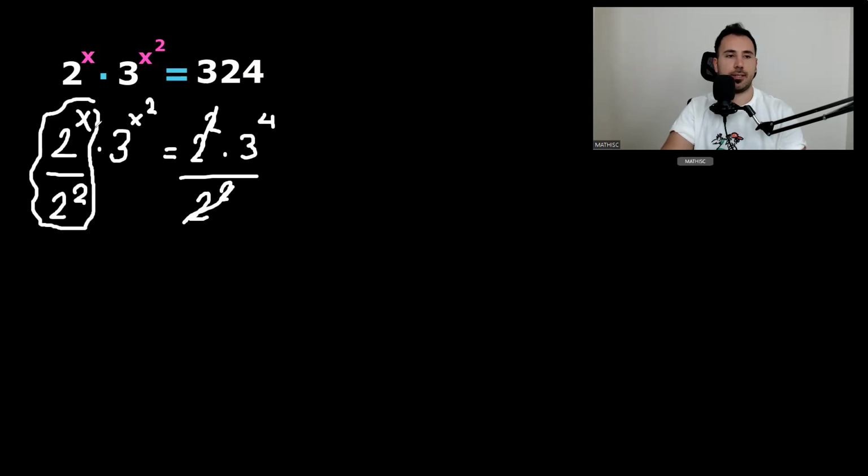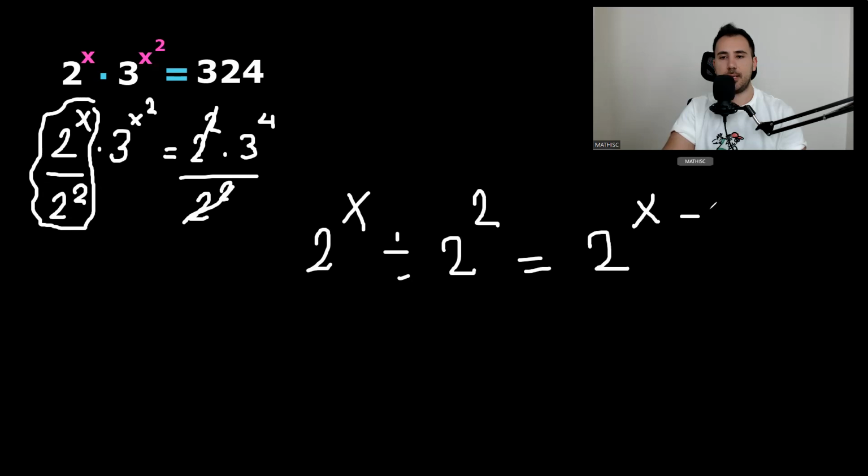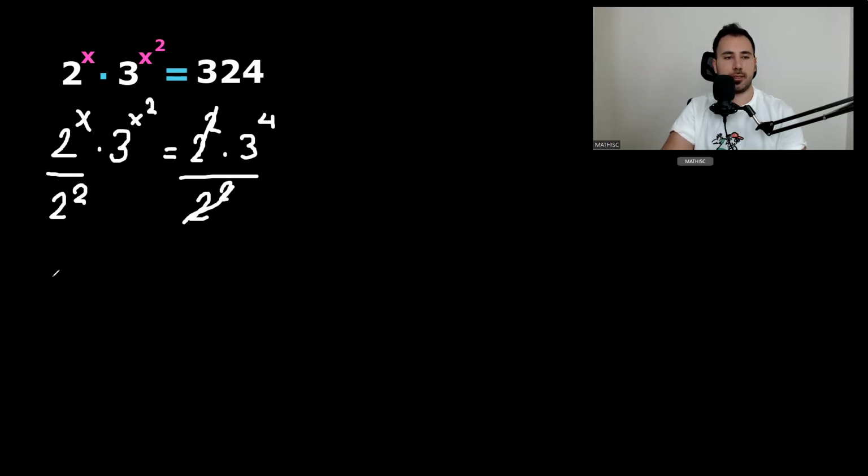We're dividing 2 to the x by 2 to power of 2. Obviously, it will be 2 to the x minus 2. So I'm going to write it there. It will be 2 to the x minus 2 multiplied by 3 to power of x squared equals 3 to power of 4.